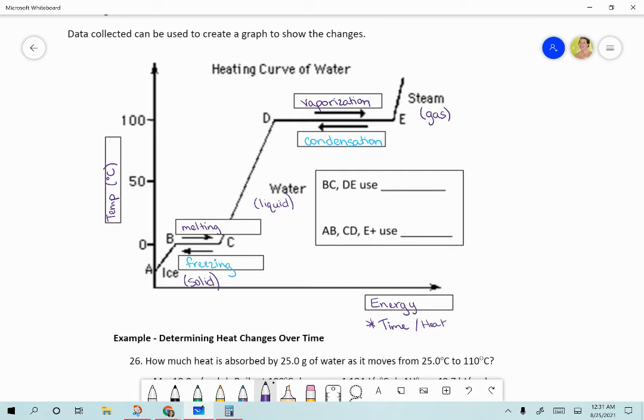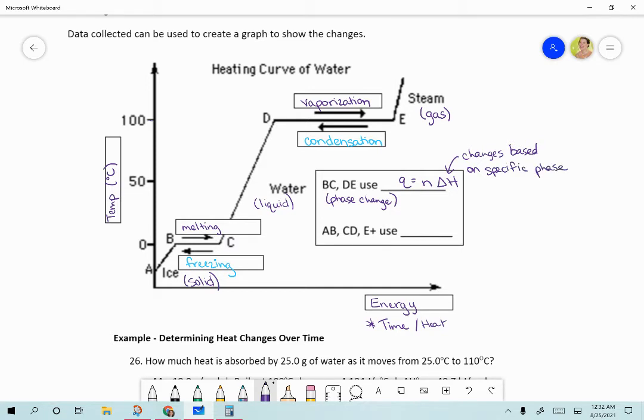So for any horizontal section, my phase change sections, I need to use the equation Q equals N delta H. So delta H changes based on specific phase change.